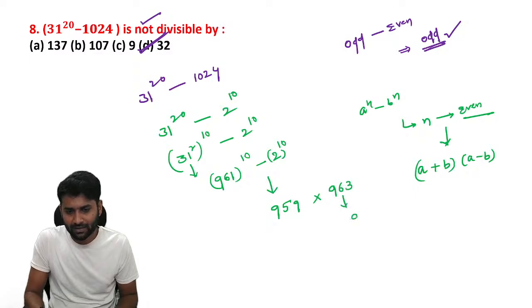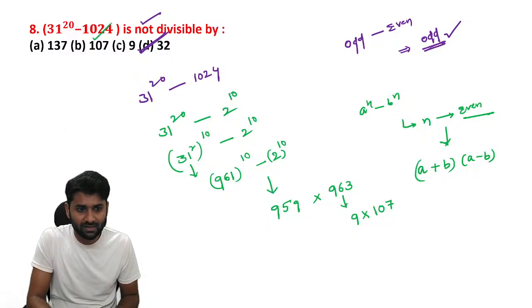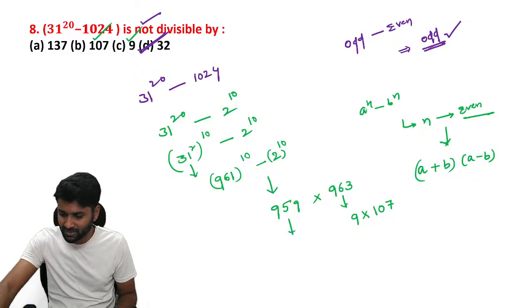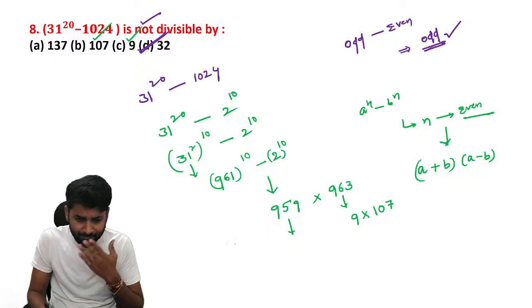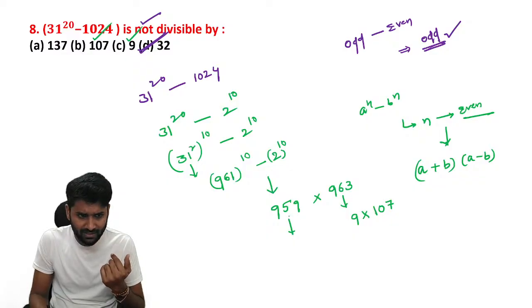Let's go for 9 into 107. So the resultant is divisible by 107. It is divisible by 9. Let's go through the simplification. 959, right? So you can check, it's not divisible by 3 table, right?